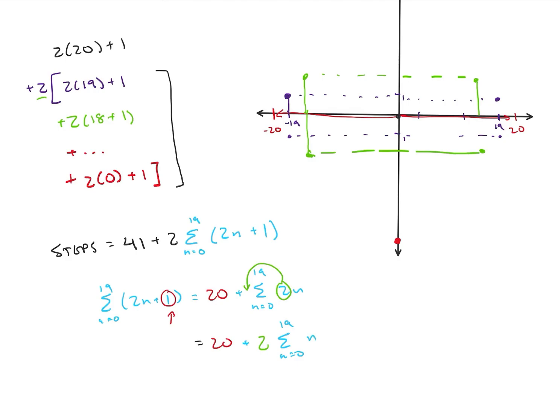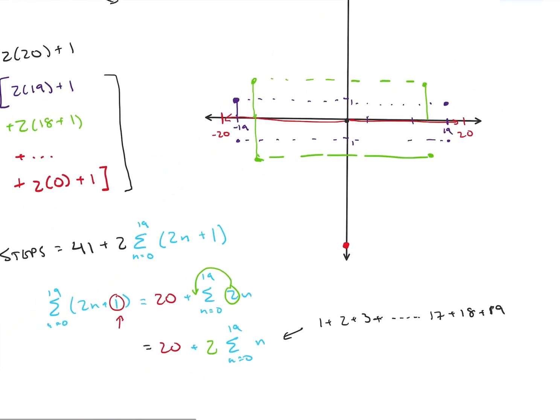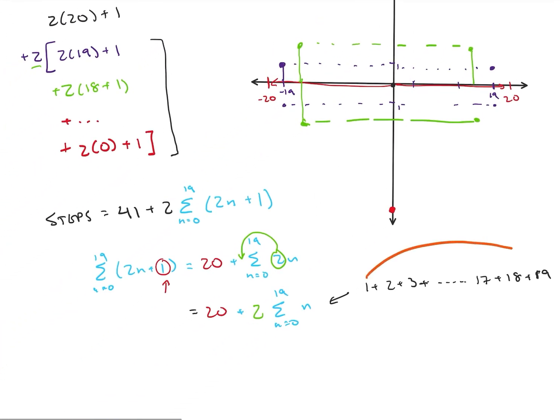Looking at the sum from 0 to 19 of n, that's going to be 1 plus 2 plus 3 plus all the way up to 17 plus 18 plus 19. I can add 1 plus 19, and that's the same as adding 2 plus 18, which is the same as adding 3 plus 17, and so on.